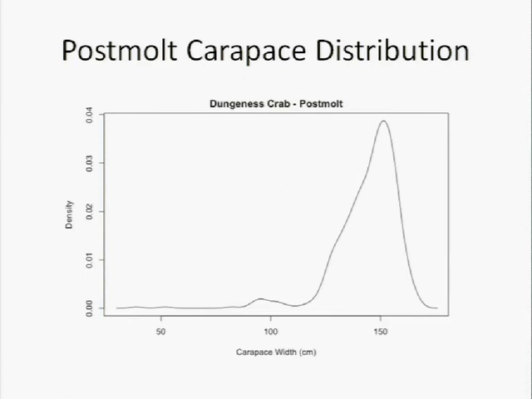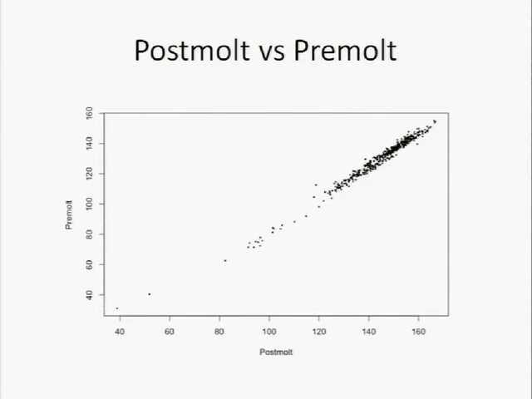Okay, so here's a plot. This is the post-molt size, and this is the pre-molt size, and the correlation is definitely positive. In fact, this is a very tight correlation. So we're able to predict this fairly well.